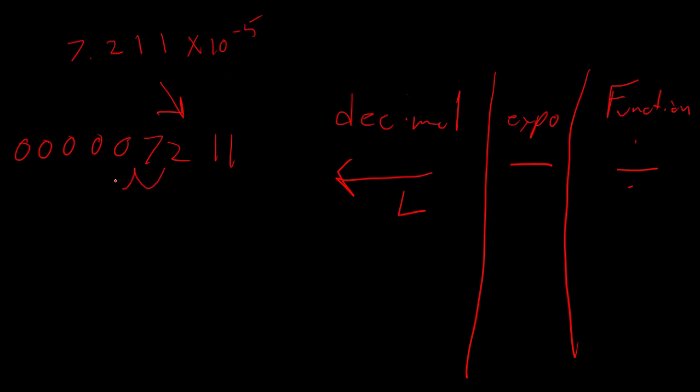So 1, 2, 3, 4, 5. And what we're doing is dividing this decimal number in increments of 10 5 times.